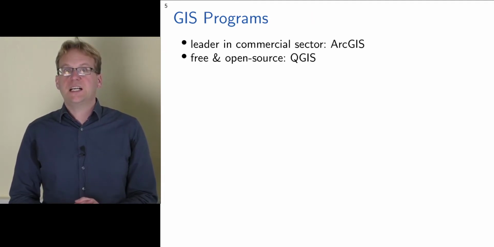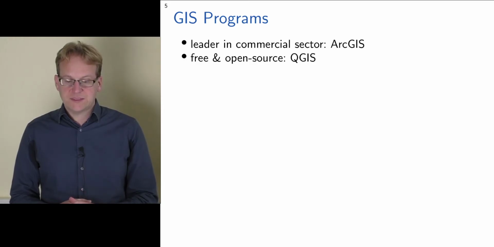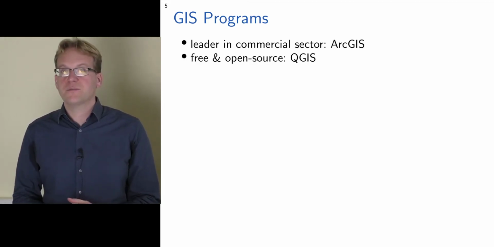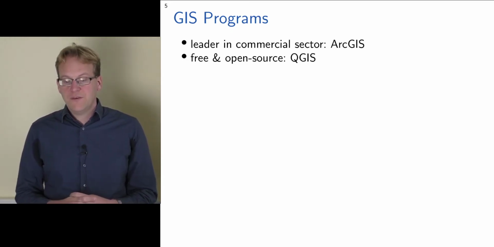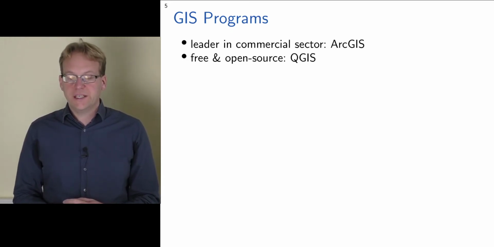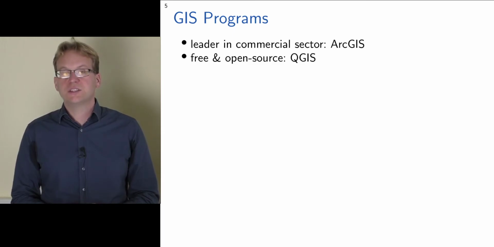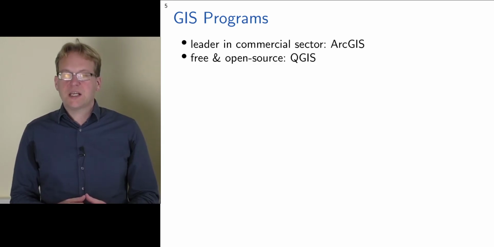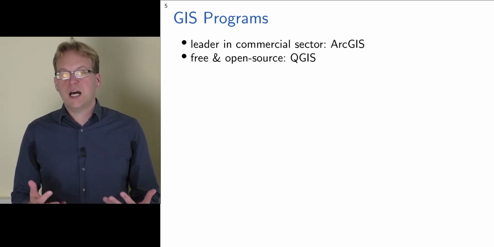And then there are GIS programs or GIS software, computer programs like ArcGIS, which is, I would say, the leader in the commercial sector. On the other hand, there is a lot of free and open source software like QGIS, which we are going to use also in the exercise. This is becoming larger and larger.